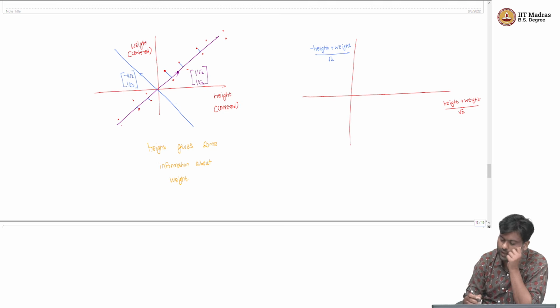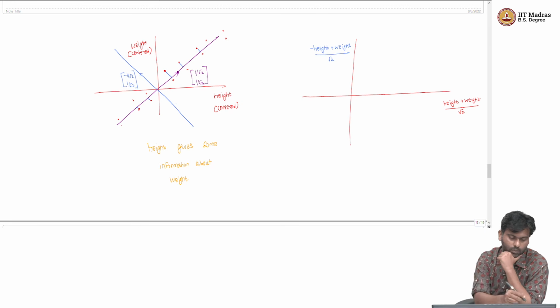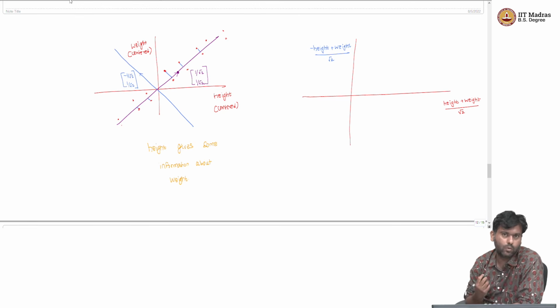So, if I now thought of plotting the same data set, but by thinking of these two axis values, instead of height and weight, I am going to compute two numbers, height plus weight over square root 2 and weight minus height over square root 2, and then plot the same data set. How do you think that data set would look like? This is a good place to pause and think. Let me tell you how the data set would look like.